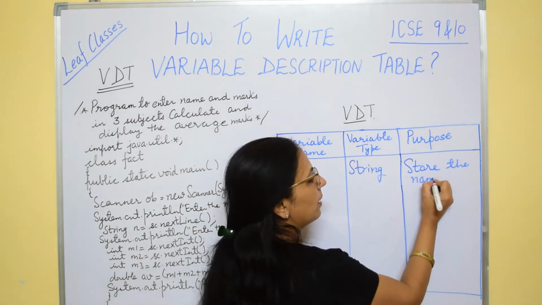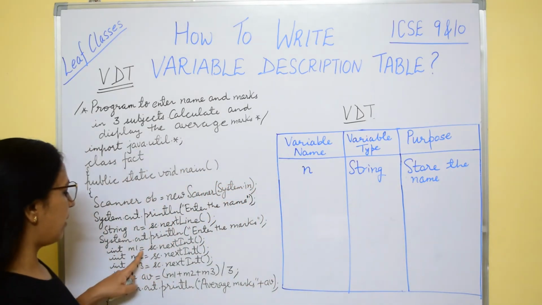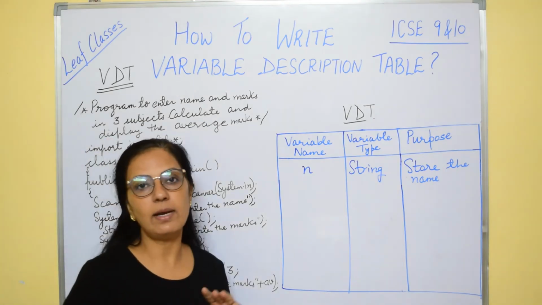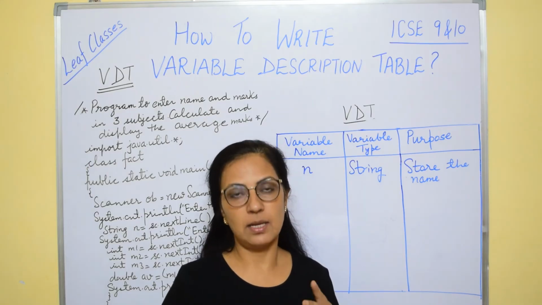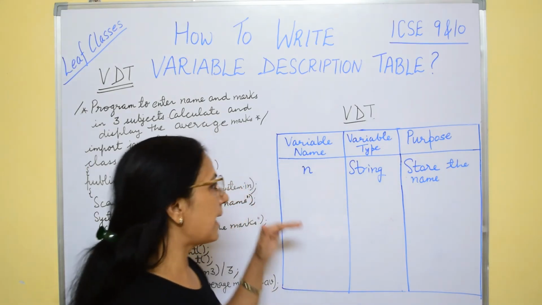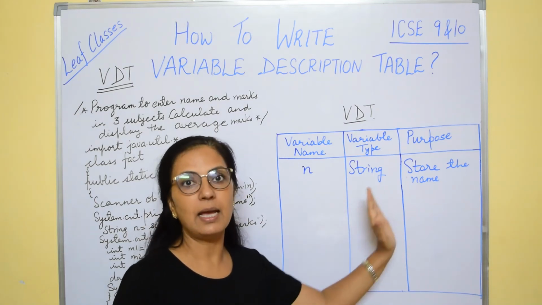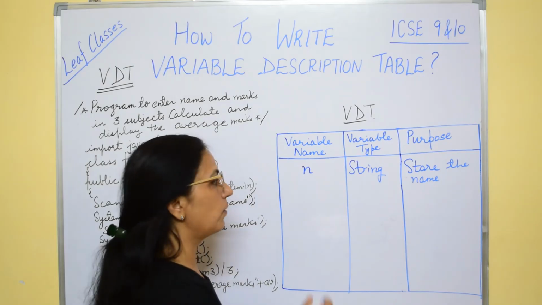So we can write in purpose, and then we have taken M1, M2, M3. Now all these 3 variables are for entering 3 marks, right? So one way is I write M1, M2, M3 like that, and then their type, marks in first subject, second subject, third subject, like that also we can do.